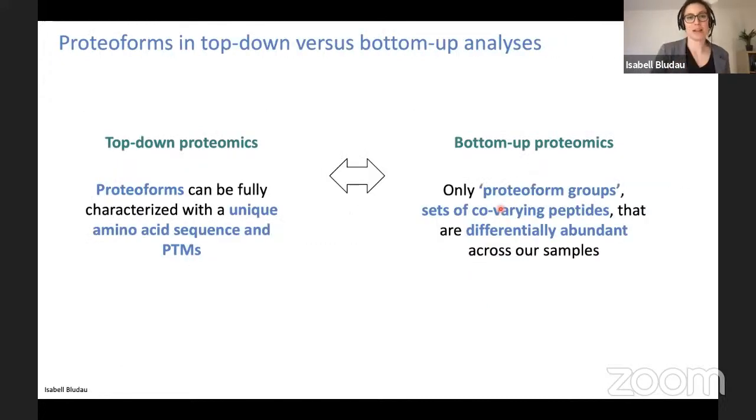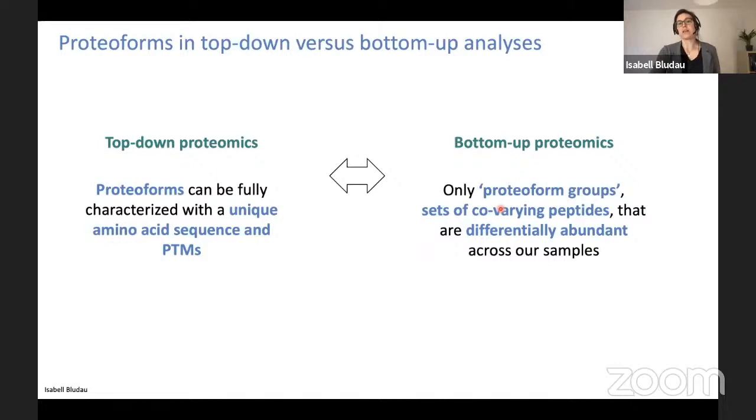So with this, I'd just like to do a very brief disclaimer, because there's a very distinct difference between proteoforms that can be detected in top-down proteomics, because in top-down we can actually fully characterize a protein with unique amino acid sequence and localized PTMs. In bottom-up proteomics and the COPF approach that I'm presenting here, we can only look at proteoform groups, and these are sets of covariant peptides in our data that are differentially abundant across our samples.